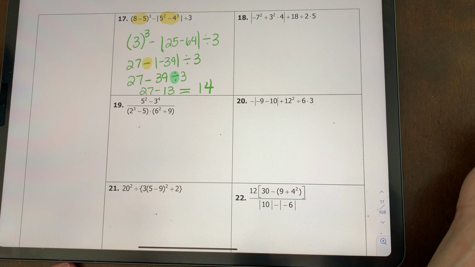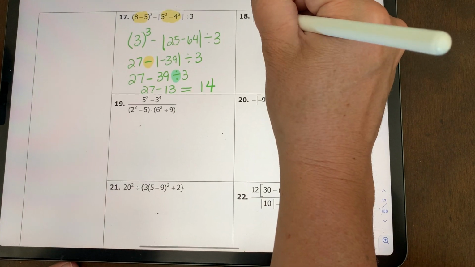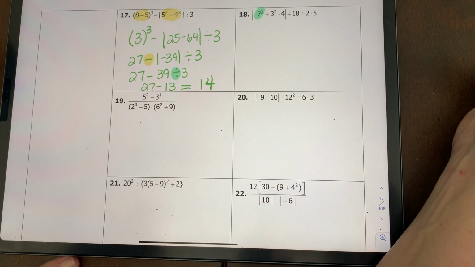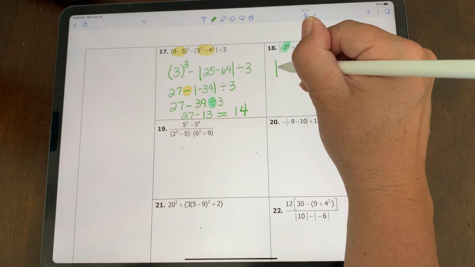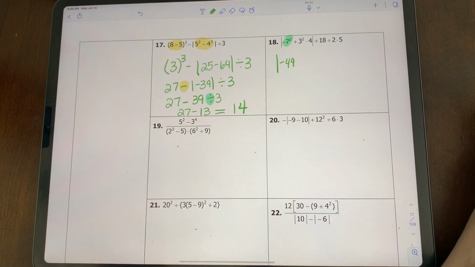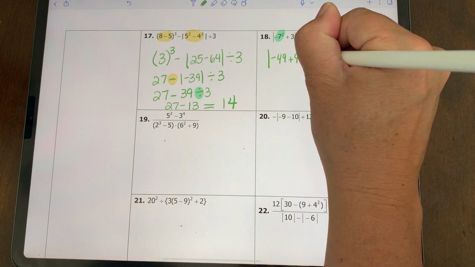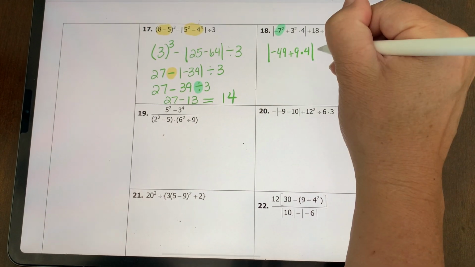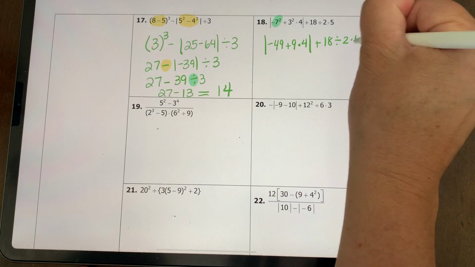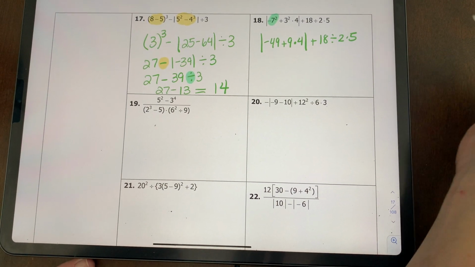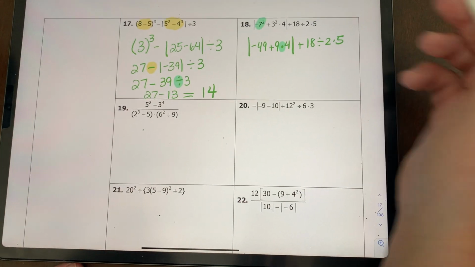Now I wanted to talk about 18 and then we are done because I hate how they do these negative squareds. So order of operation, you're squaring it first, and then you're taking the negative of it. So that actually is a negative 49 plus 9 times 4 plus 18 divided by 2 times 5. Okay, we got to get rid of the absolute value first, and times comes before adding.